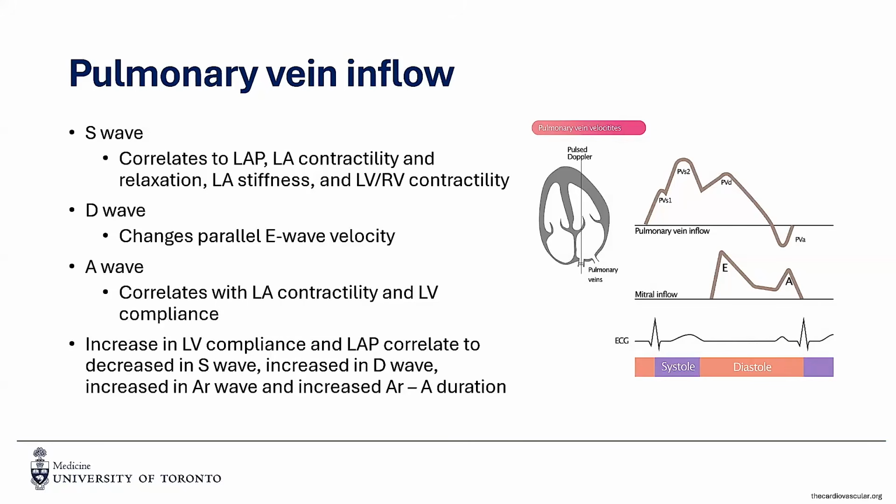And finally, we have the A-wave, which correlates directly to LA contractility and LV compliance. The way that I like to think about it is, the left ventricle basically is the afterload that the left atrium has to push against. And so if your left ventricle is not very stiff, the left atrium doesn't have to push as hard in order to get blood into the left ventricle.